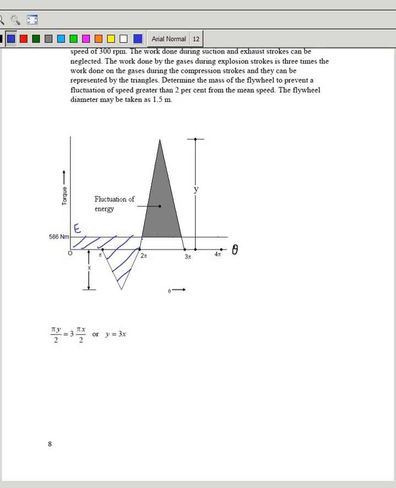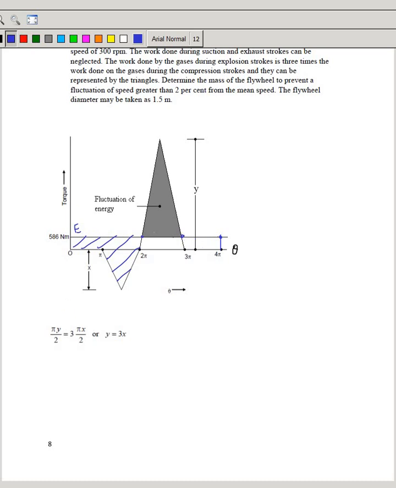So energy here is E minus the shaded area, and energy here is the energy at this point plus this shaded area, and then again the energy decreases, and it is the energy at this point minus this area.